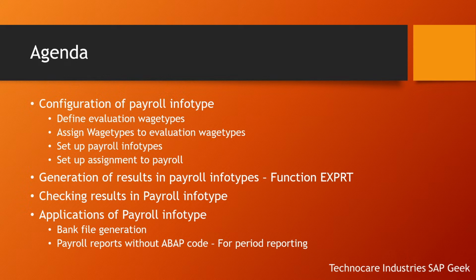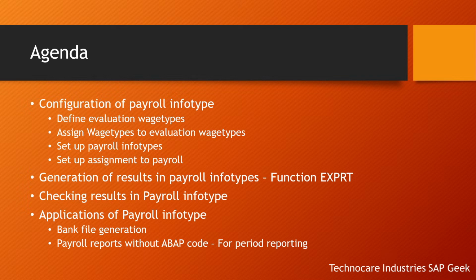So whatever value will be present in the PCL2 cluster or the results table that we access via PC_PAY_RESULT, the same values will also be present in the payroll infotype of the employee.